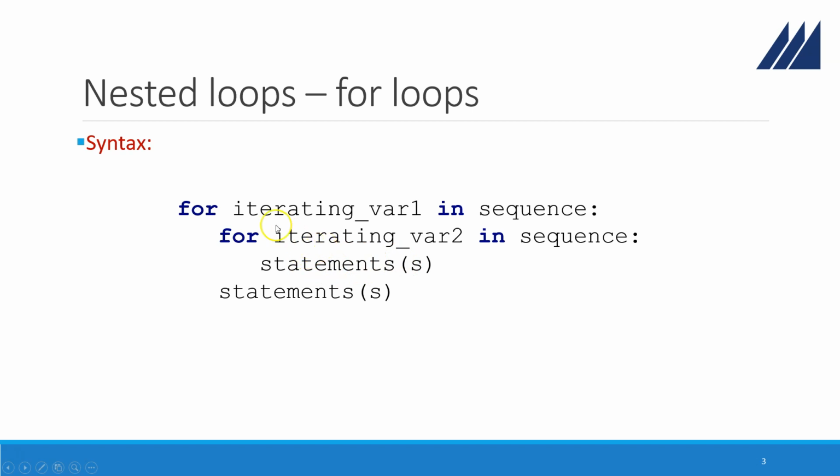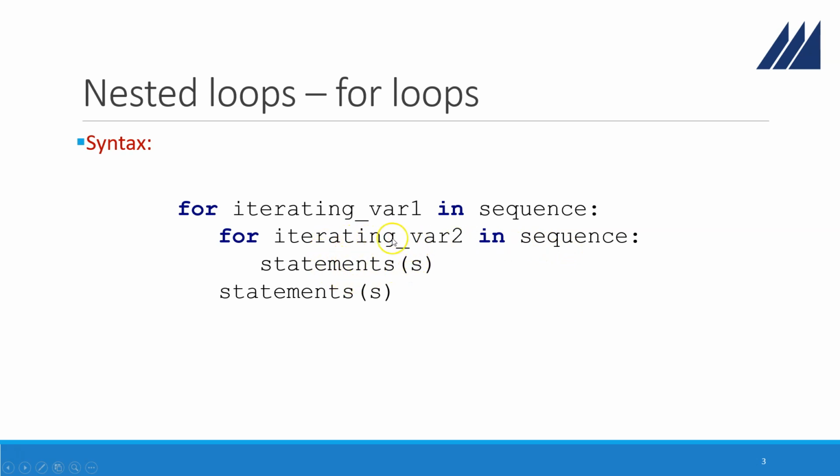So what does that mean? That means every time I go through this for loop, which is the outer one, this variable is going to take one value from the sequence. And when I execute the body of the outer loop, I'm going to come to this inner loop, and it's going to have its own variable, which is going to take a value from the sequence, and it's going to be executed until it's done.